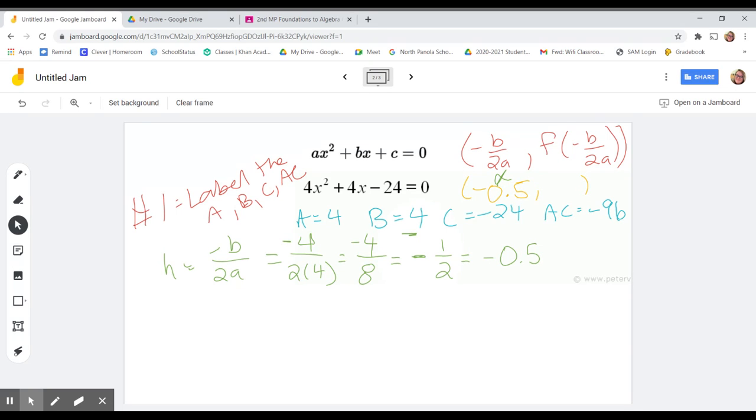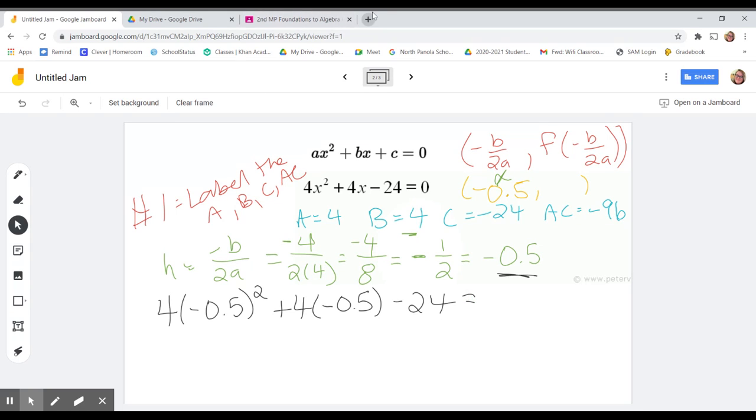I need to go ahead and find now, what color have I not used? We'll use black. I need to find my k. So my k is, I'm going to take this x, what I just found, and plug it into the equation. So I have 4 times negative 0.5 squared plus 4 times negative 0.5 minus 24, equals, and we don't know what that's going to equal yet.